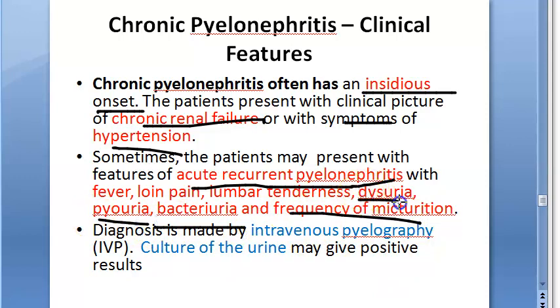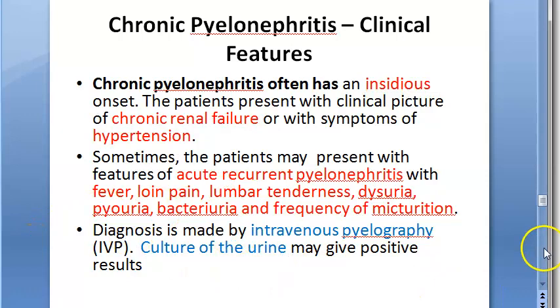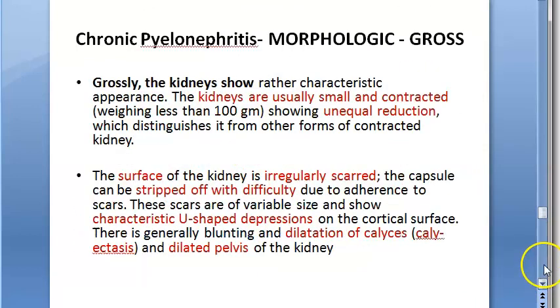Bacteriuria, polyuria, dysuria, tenderness, lumbar pain, the same things they have written in the acute episode. So how will you diagnose? Intravenous pyelography is done and the urine culture can show positive results for bacteria. The main thing you have to write here is that it's insidious in onset, with chronic renal failure and hypertension.